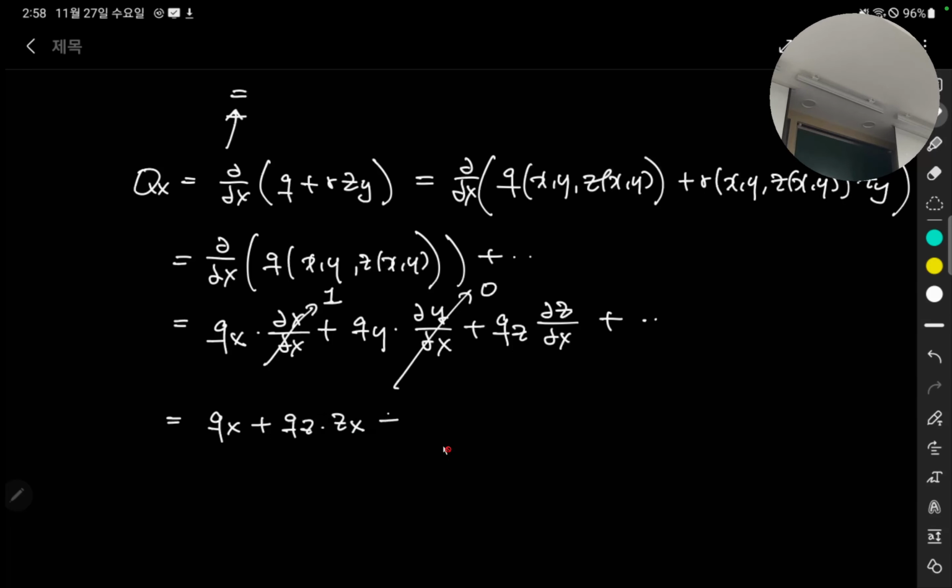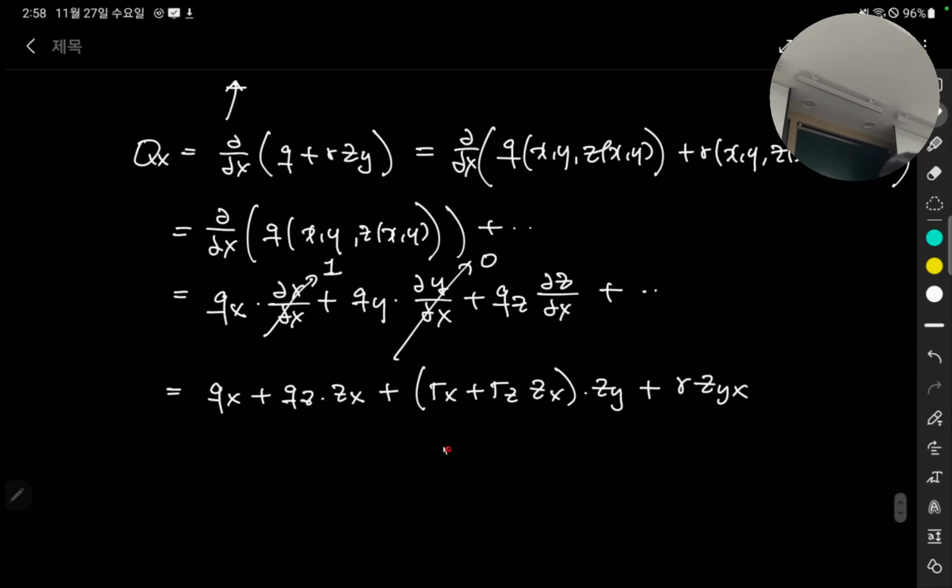And then let's take the next partial differential. It's R_x plus R_z z_x times z_y plus R z_yx. So that's your Q_x.